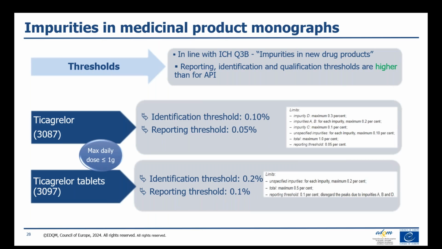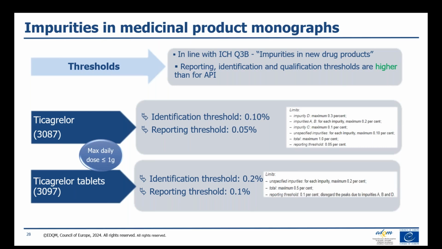For example, for ticagrelor, there is the monograph of the API and also the monograph of the tablets. According to ICH, in the API monograph, there is a limit for the unspecified impurity, which is set at 0.10%, and there is a reporting threshold set at 0.05%.